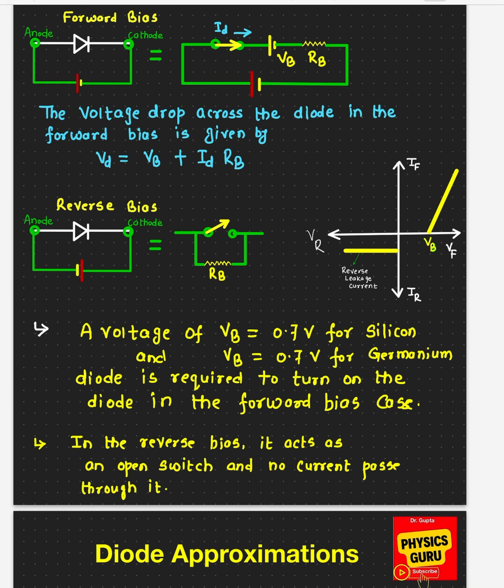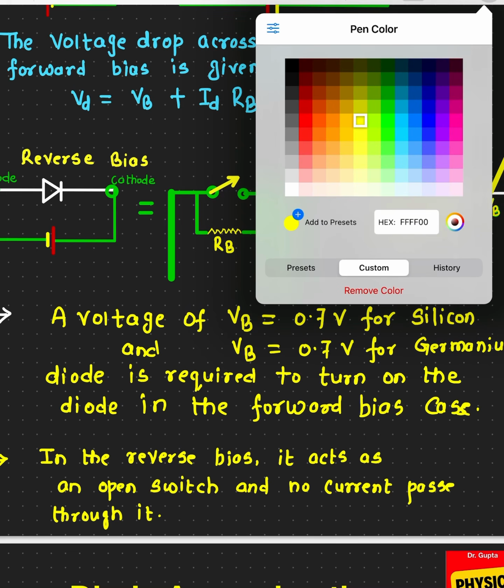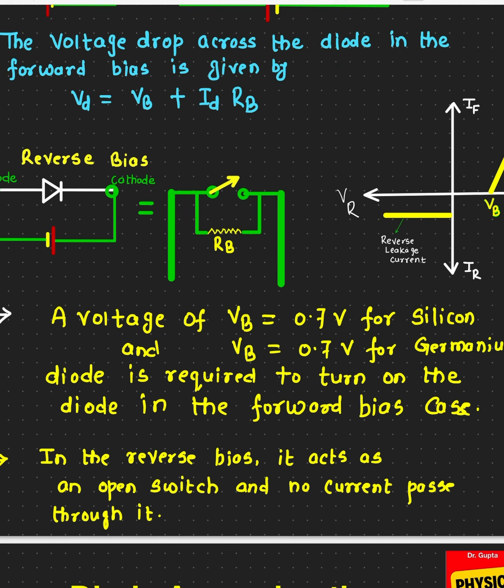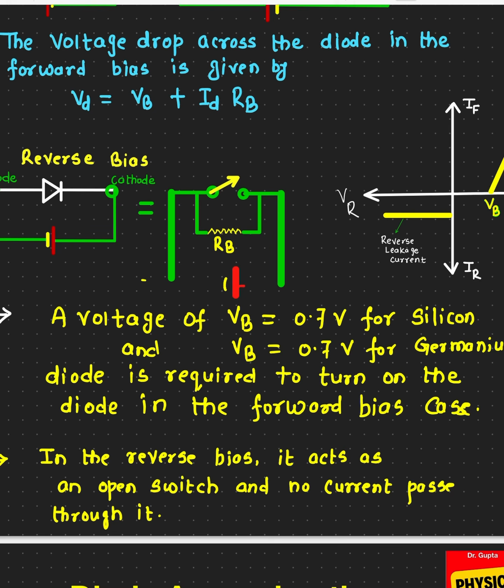Just to make a better picture, I can connect this to a battery here. So that is the positive terminal, and this one will be a negative terminal here. And then I can connect this to here.